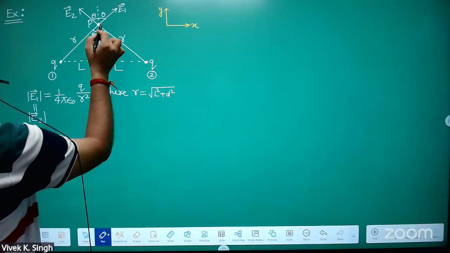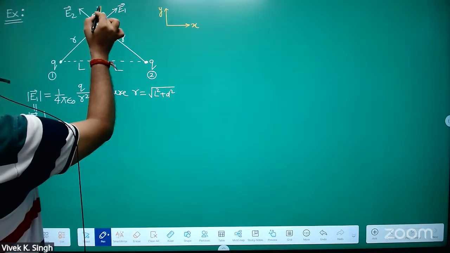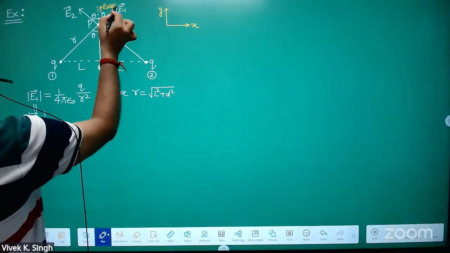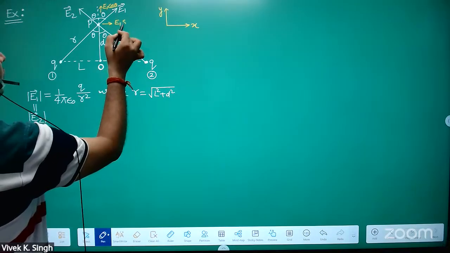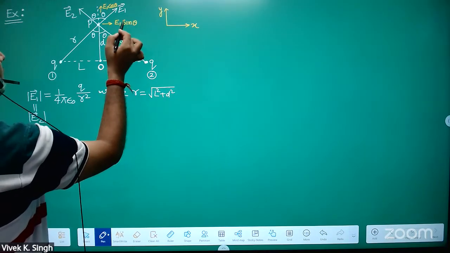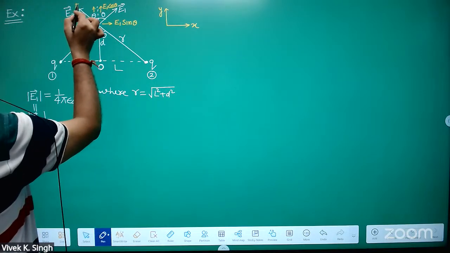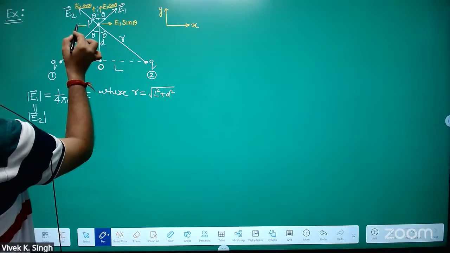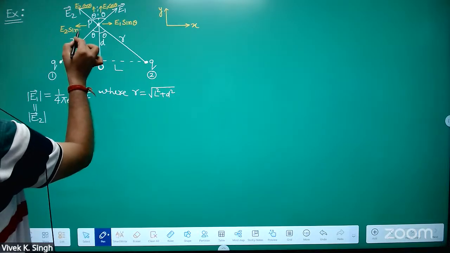So if you resolve it, this component is E1 cos theta, and this component is E1 sin theta. Similarly, this component is E2 cos theta, and this component is E2 sin theta.